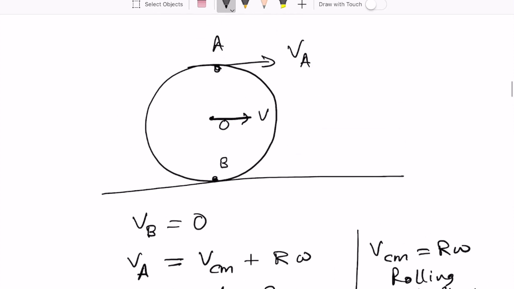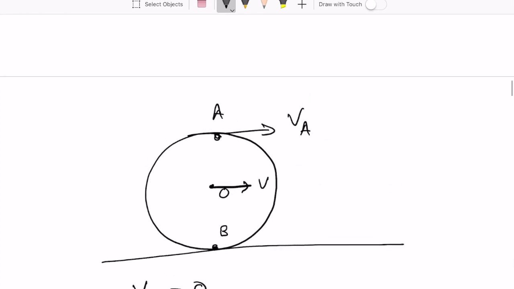So that means a point at the top will be moving twice as fast as a point at the center, and a point in touch with the ground would have zero velocity. Note that we are only talking about instantaneous velocities, right? The point that's in touch with the ground right now, the next moment it would be up somewhere over here, and then it will have some velocity.